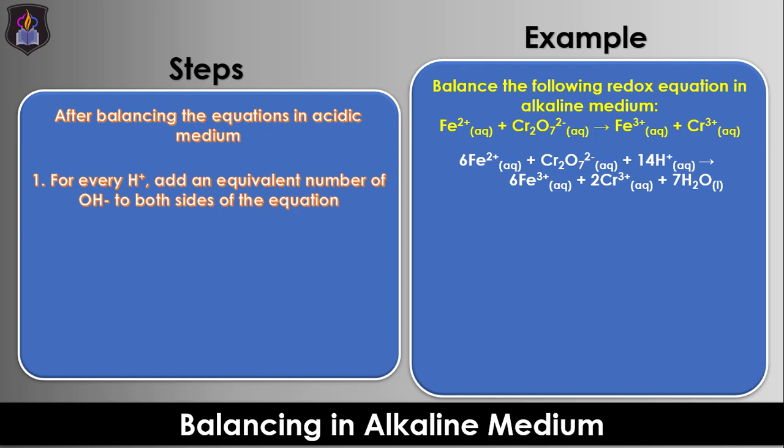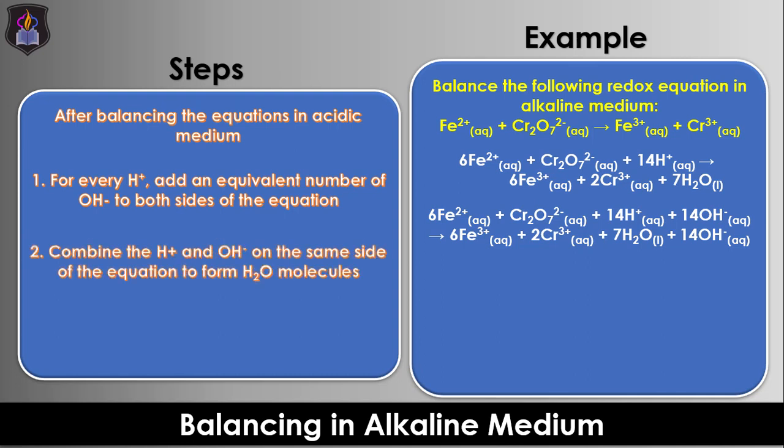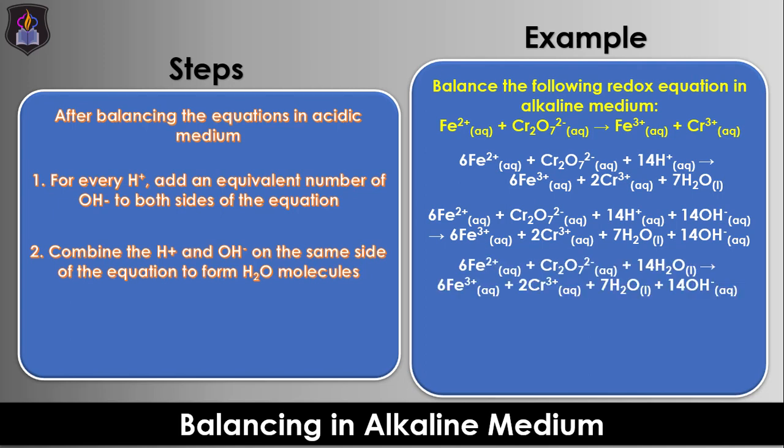in acidic medium. From our balanced equation in acidic medium, there are 14 moles of hydrogen ion on the left hand side, so we add 14 moles of hydroxide ions to both sides of the equation. Then combine the hydrogen and hydroxide ions on the same side of the equation to form water molecules. So adding the 14 moles of hydrogen and hydroxide ions on the left hand side of the equation gives 14 molecules of water.